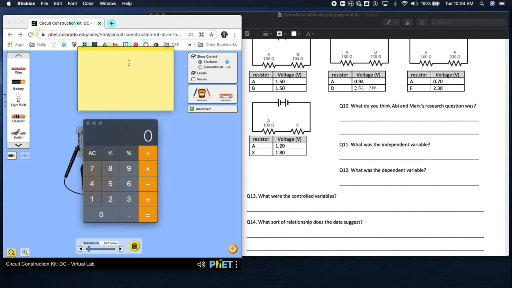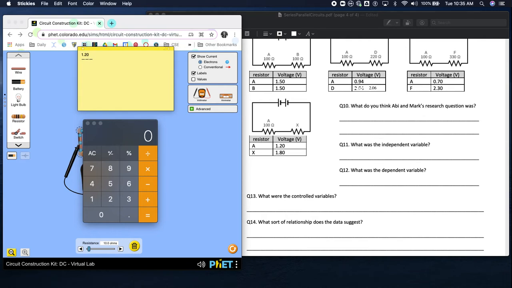We have resistor A of 100 ohms putting out 1.20 volts. So I'm going to say 1.20. All right, draw a line under here. It would look like this.